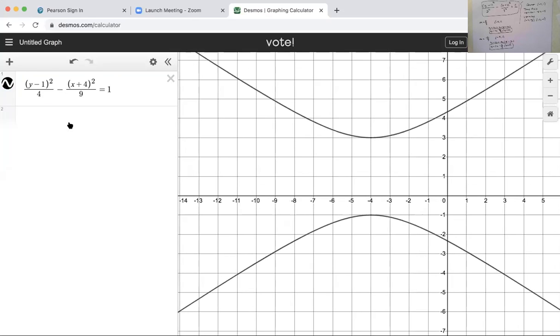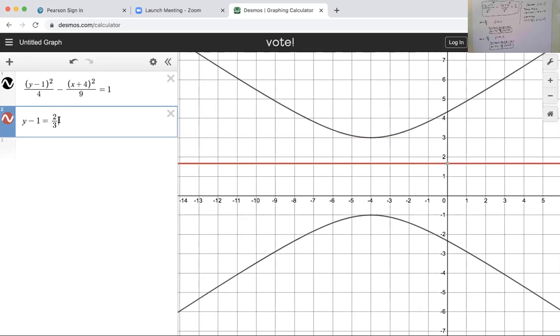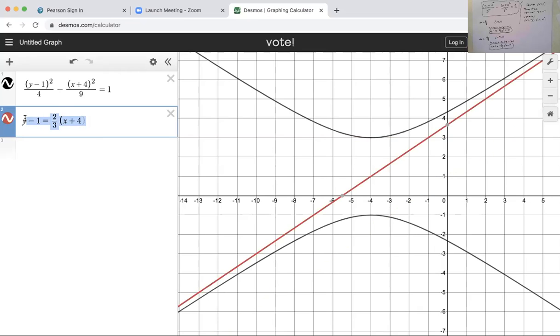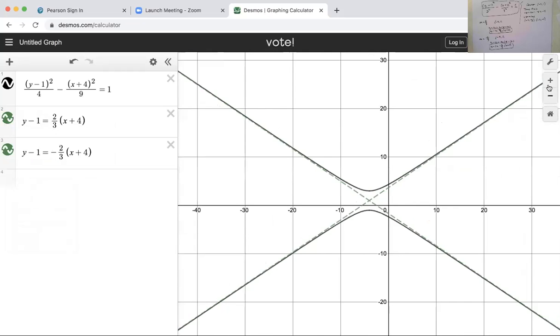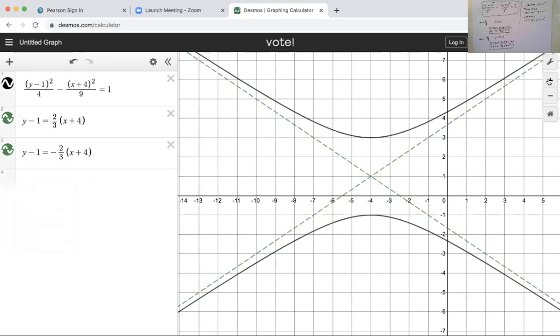And then we have our two asymptotes: y minus 1 equals 2/3 of x plus 4, and y minus 1 is -2/3 of x plus 4. And we'll make those look like asymptotes. And we can see as we zoom out, again, the graph gets closer and closer to the asymptote. So I feel pretty good about that.